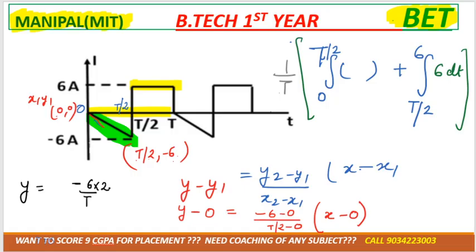So y is equal to minus 12 t divided by t, right? You can put it over here and then you'll get the answer. Y is I over here, and x is time. So I is equal to minus 12 t by T, this is for the average.